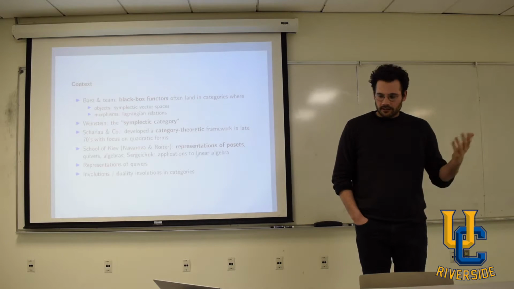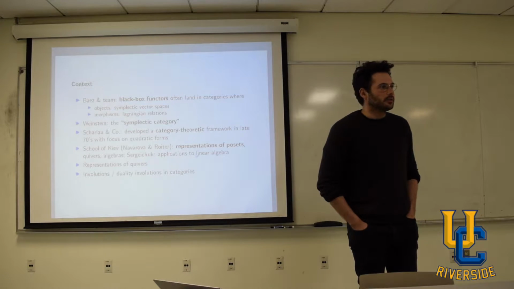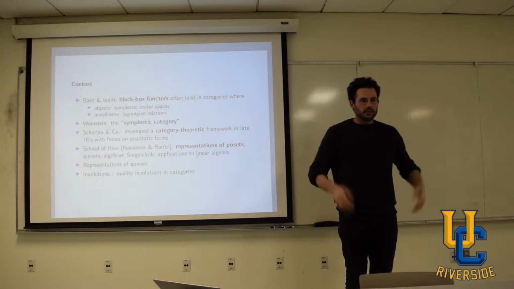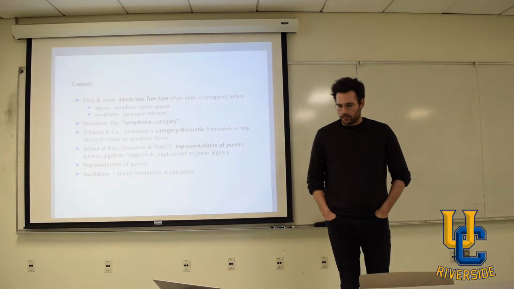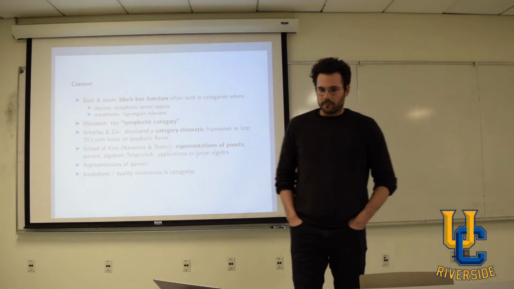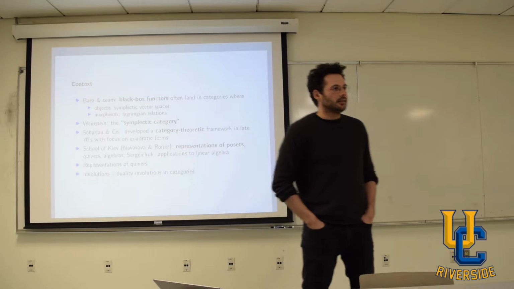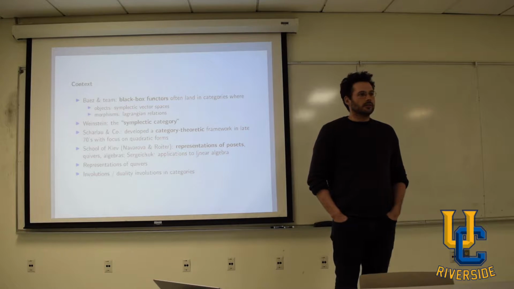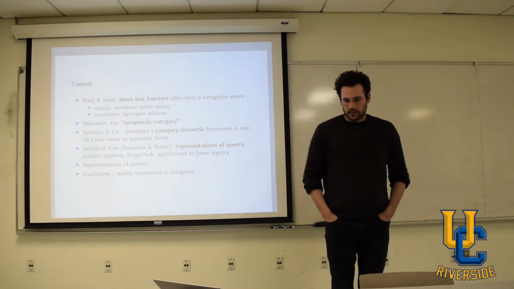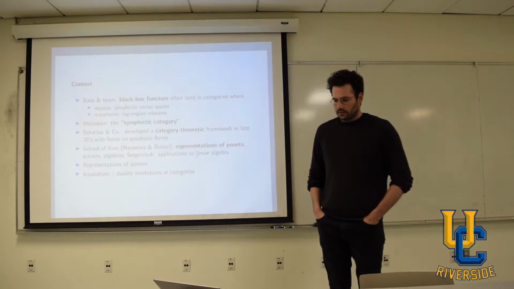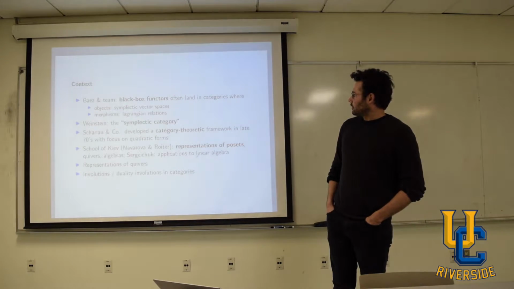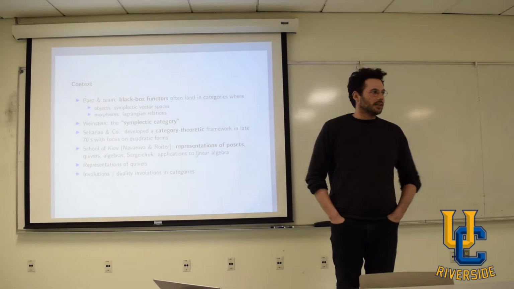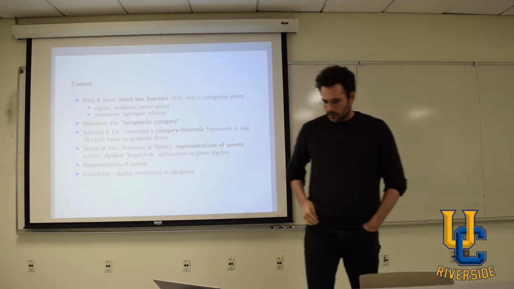In that example, and a couple other examples, these functors, which describe the external behavior of these systems and were dubbed black box functors, actually land in a category where the objects are symplectic vector spaces and the morphisms are Lagrangian relations. So I'll explain a little bit about what those definitions are, so if you haven't already seen that, you'll know at the end what those objects are.